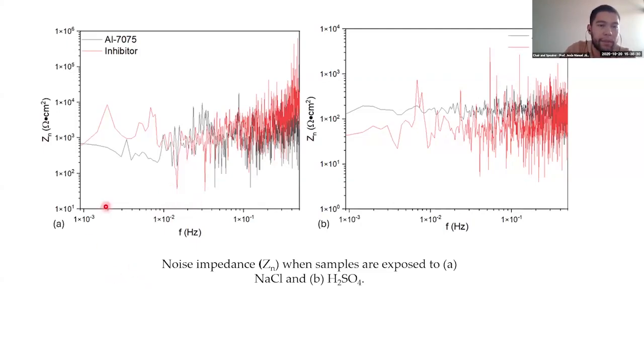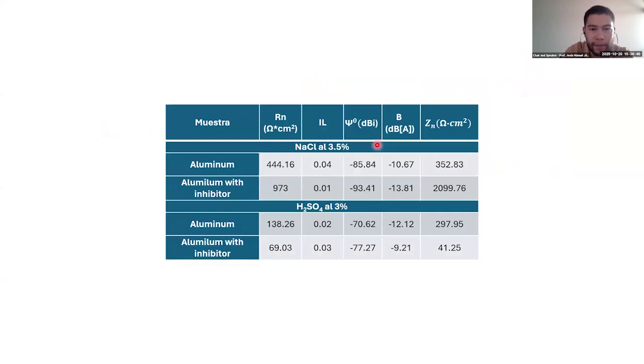In sodium chloride, the resistance is very similar, but in sulfuric acid it is different, and we can see that the aluminum without inhibitor presents a higher noise impedance than in this table.